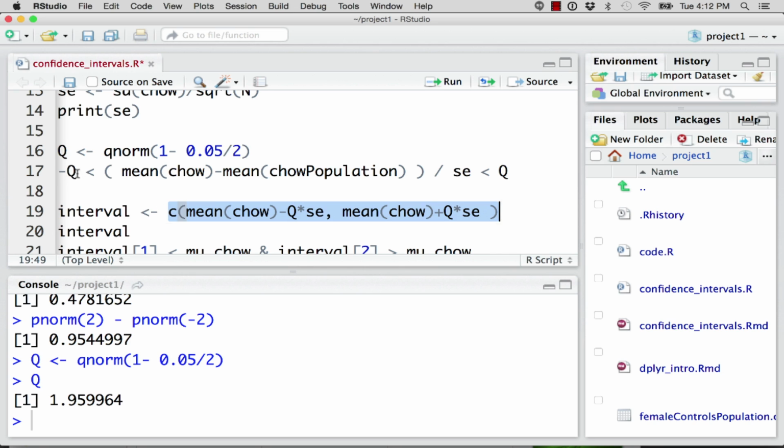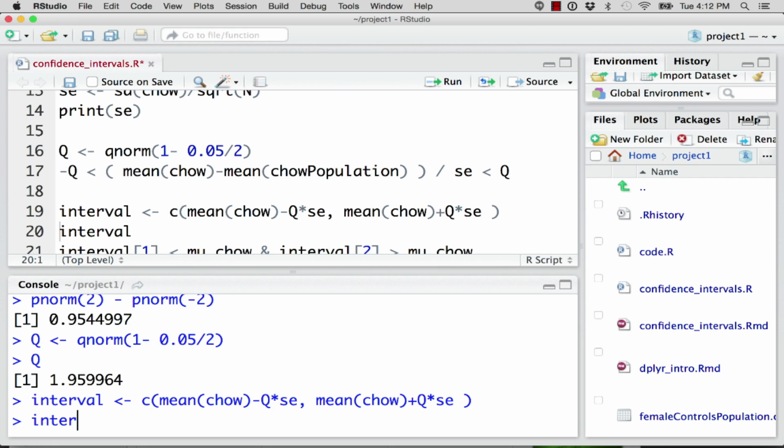We clear it out so that we subtract this on both sides and multiply by the SE on both sides. Actually, we first multiply by SE and then subtract the sample mean. We get this interval that is going to be on top of the mean of the population 95% of the time. All right, so let's just create that interval. Let's look at that. And what do we have?